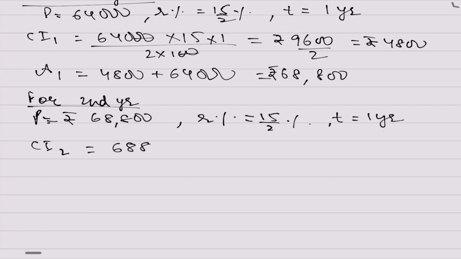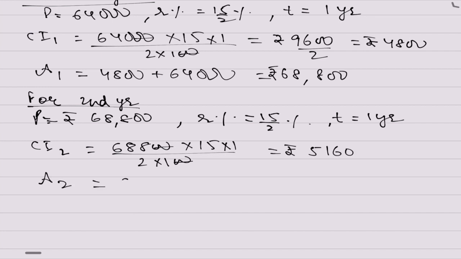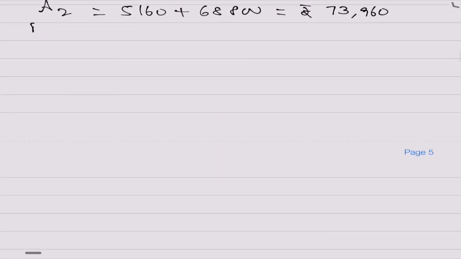Now the compound interest for the second year is rupees 5,160, and amount of the second year is principal plus interest, that is rupees 73,960.